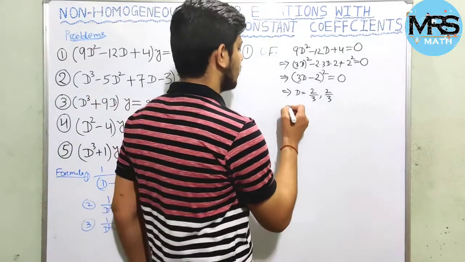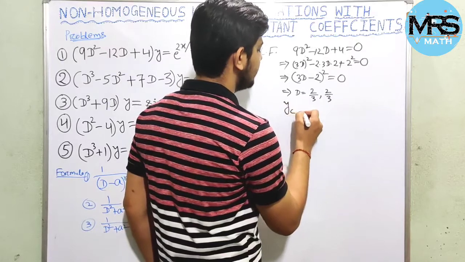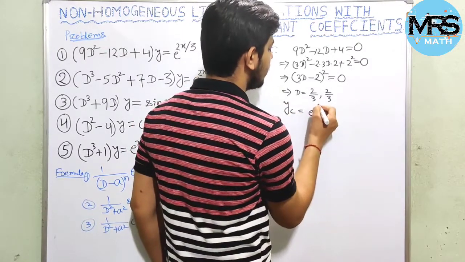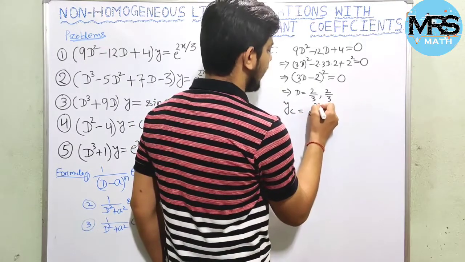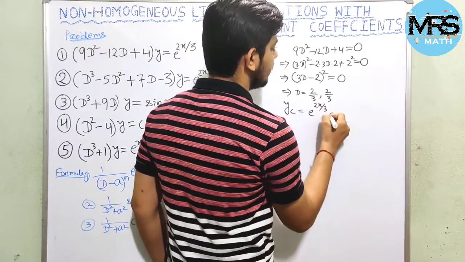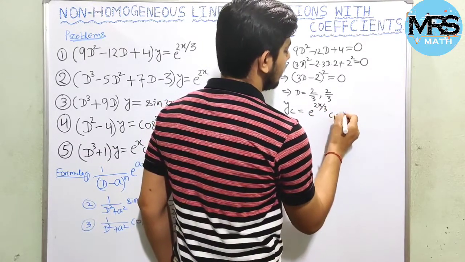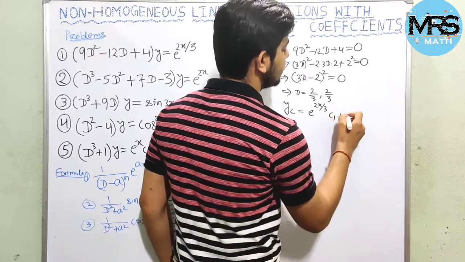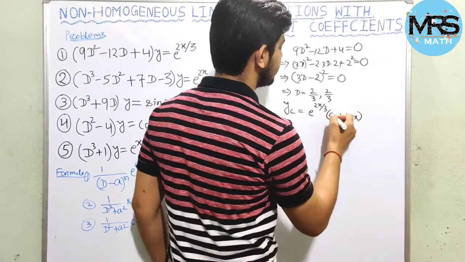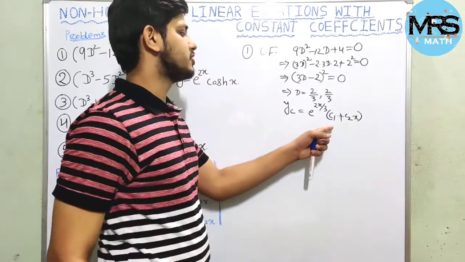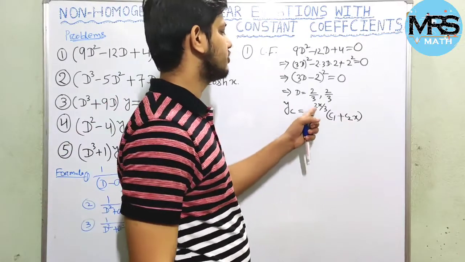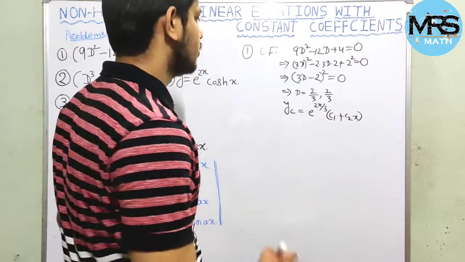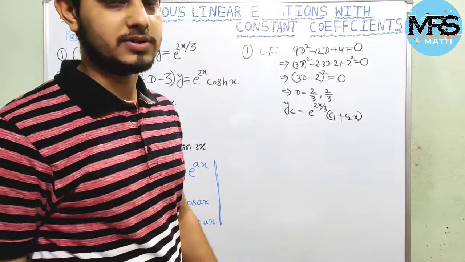So what will be our complementary function, or yc? We can write e^(2x/3) into (c1 + c2x), since the root is repeated 2 times. So this is our complementary function, correct?